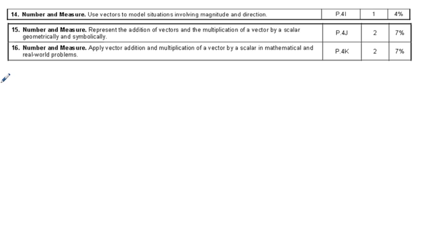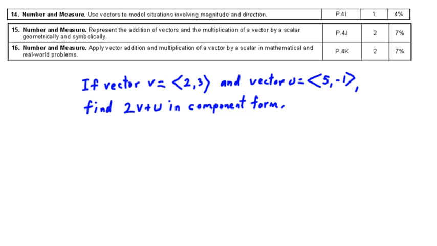And the last thing we're going to talk about here for the ACP blueprint is using vectors. It talks about magnitude and direction, scalar and periodically. There are different forms, magnitude and direction. There's component form. And here's an example problem. If vector v equals 2 comma 3 and vector u equals 5 comma negative 1, find 2v plus u in component form.